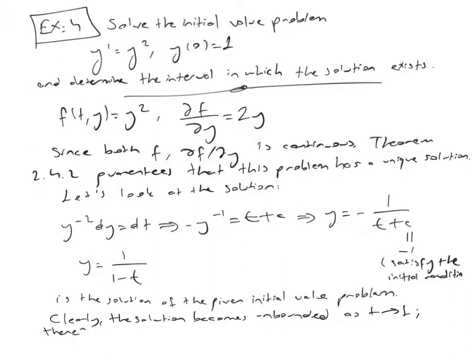Therefore, the solution exists only in the interval minus infinity is smaller than t and t is smaller than 1, because in this interval our function is continuous and also this interval contains the initial value.